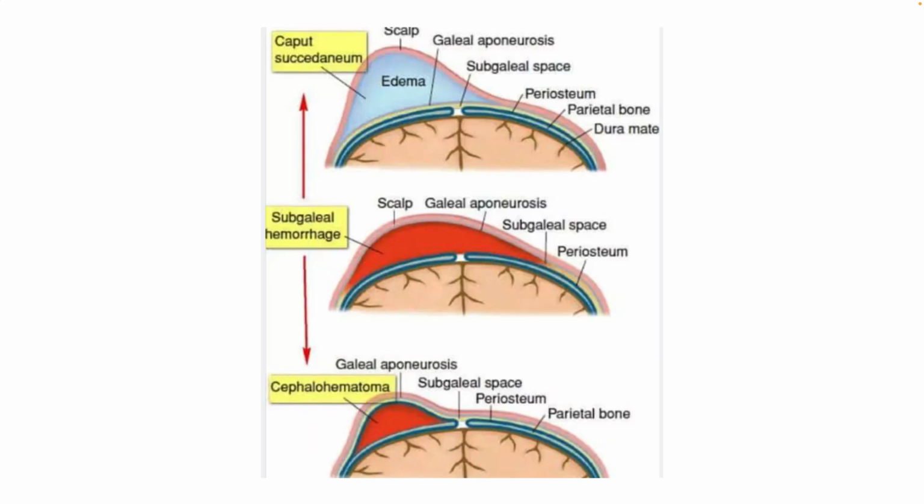So summarizing, a caput is edematous fluid, which is crossing the suture line and is above the periosteum, whereas a subgaleal hemorrhage is also above the periosteum but below the galea aponeurotica and is a blood density, and a cephalhematoma never crosses a suture line. So this will help you.